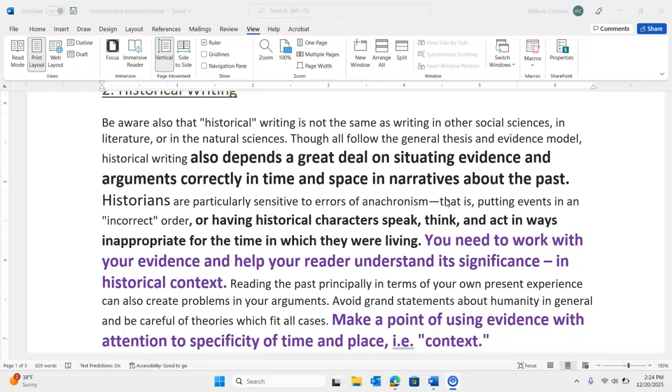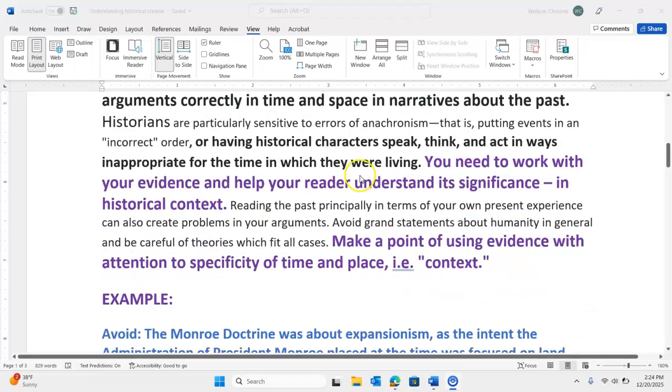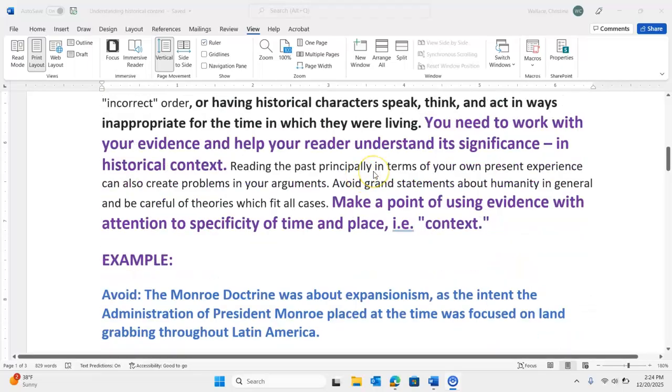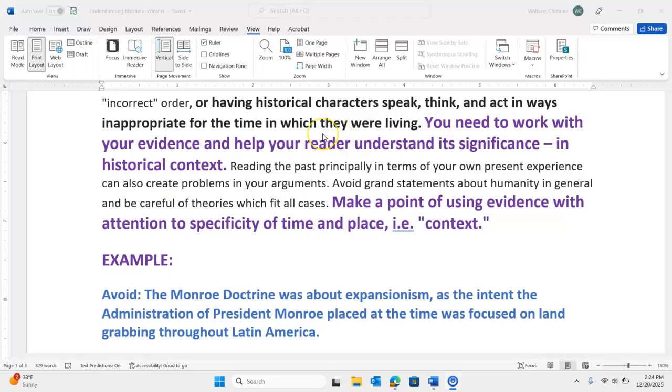So I'm going to give you an example, just based on things that I might have seen or heard in the fishbowl or things like that. Some broad statements that you might want to avoid would be statements like: the Monroe Doctrine was about expansionism, as the intent the administration of President Monroe placed at the time was focused on land grabbing throughout Latin America.